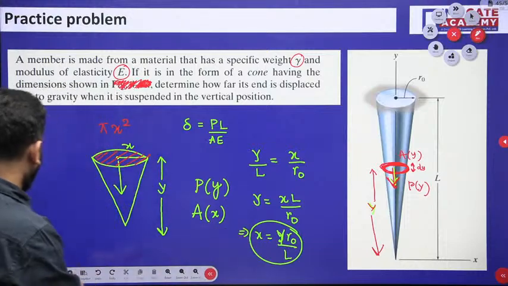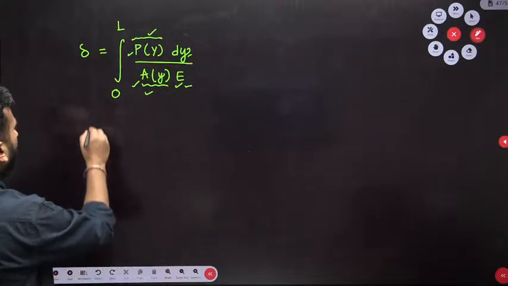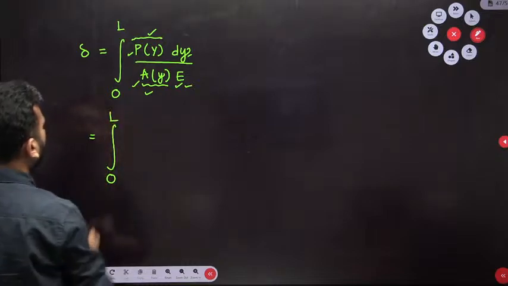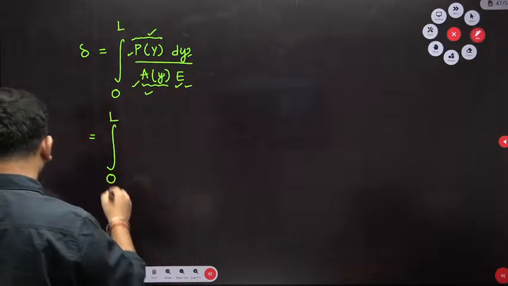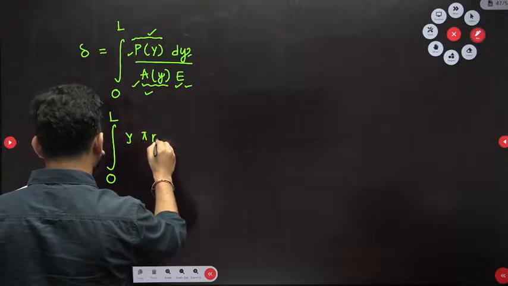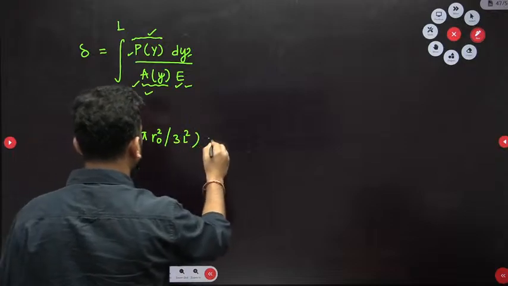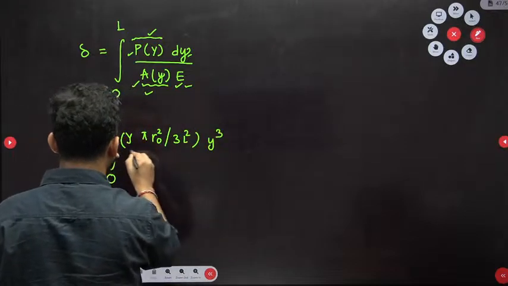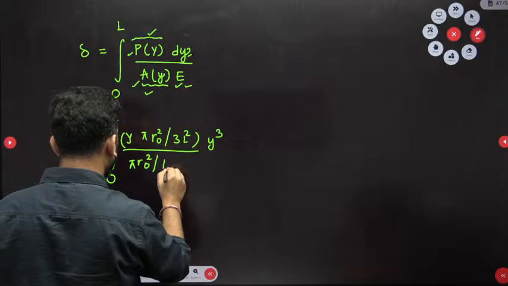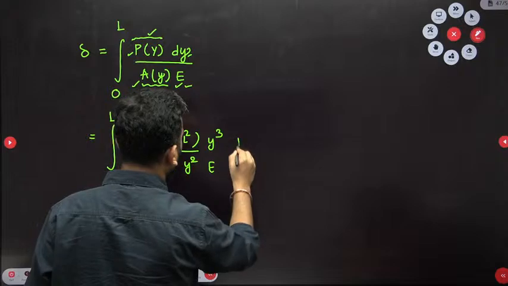The elemental deformation is this one. Then when you substitute all the given, Py whatever we have calculated, that is y pi r naught square. I am just writing it. It's simple integration after this.